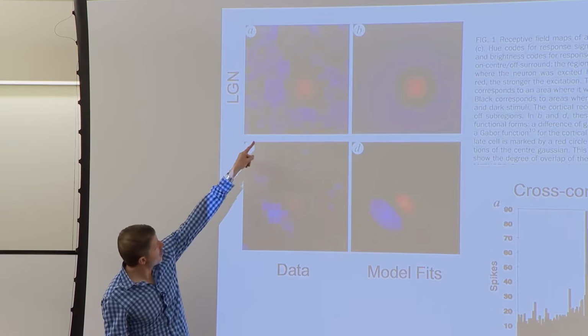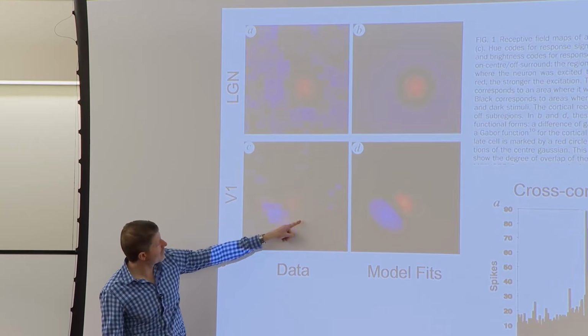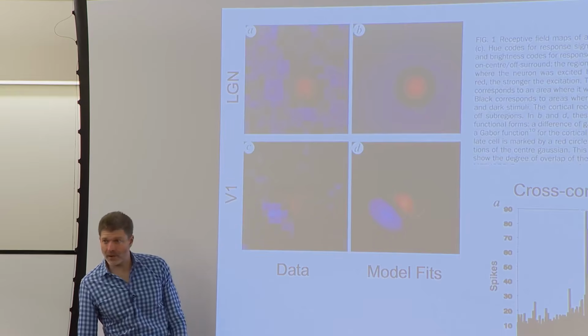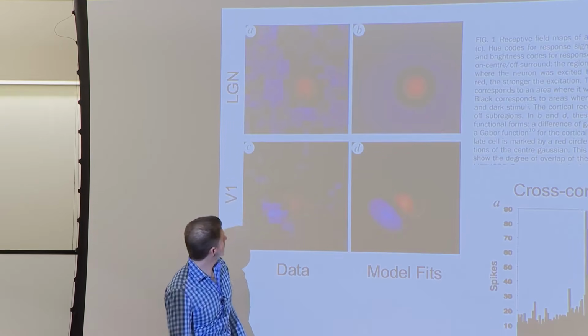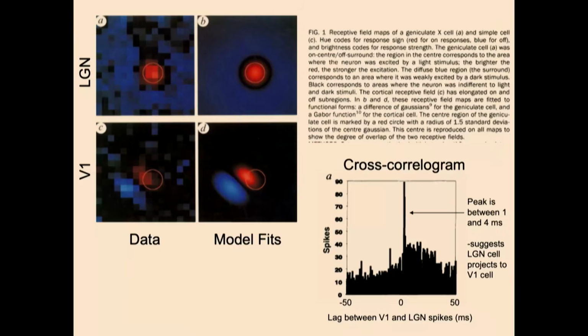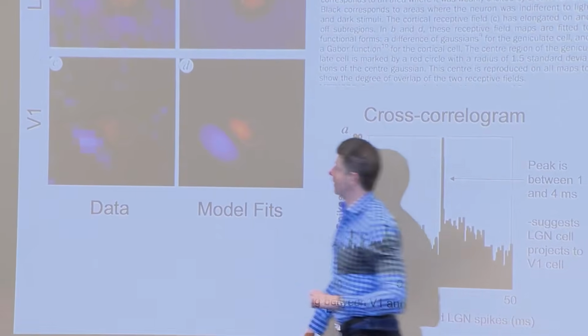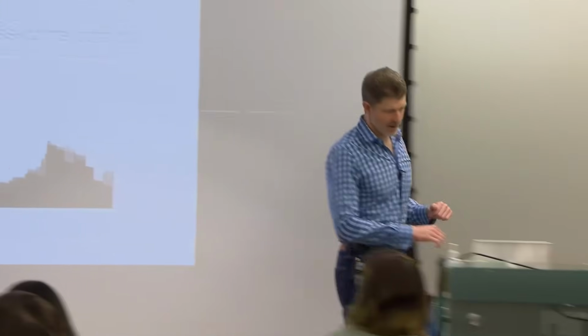In other words, did the excitatory center overlap with the excitatory lobe of the V1 neuron? This is shown here for this one example. You see the circle that's fit around the LGN neuron, and then they're replotting that circle around the excitatory lobe. It's a little hard to see here because the lighting is high, but that's there.